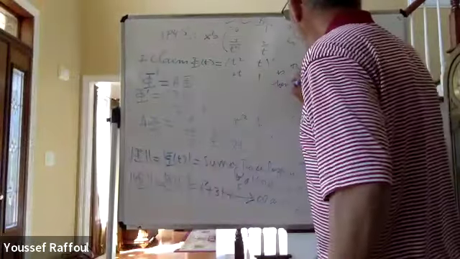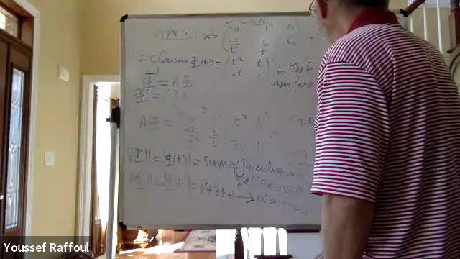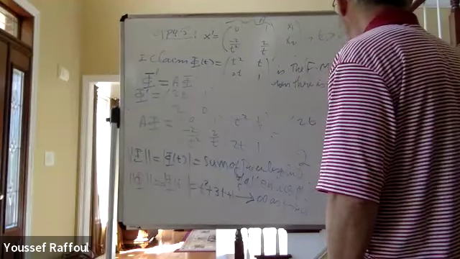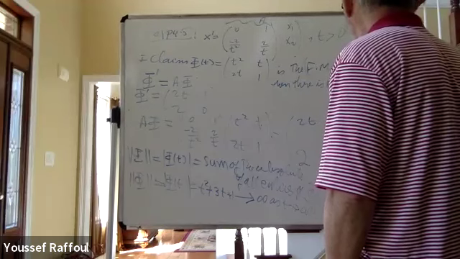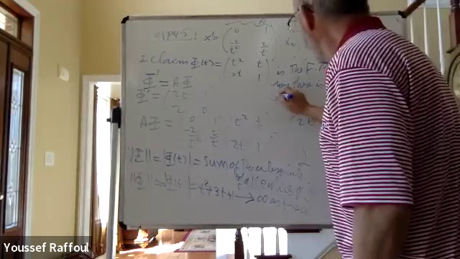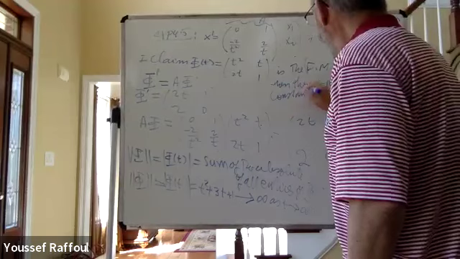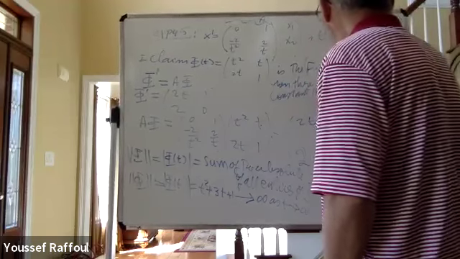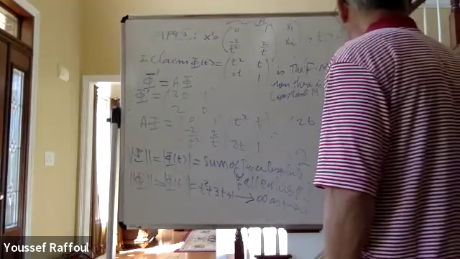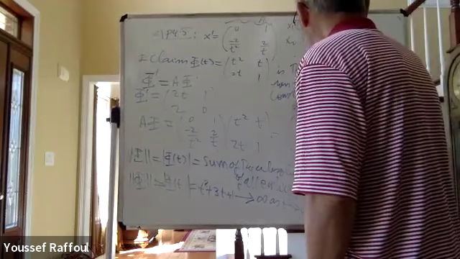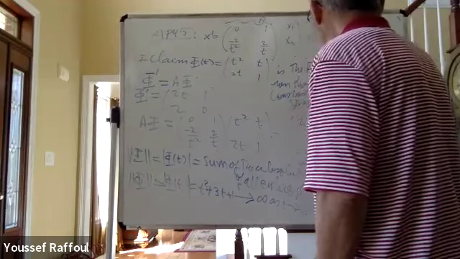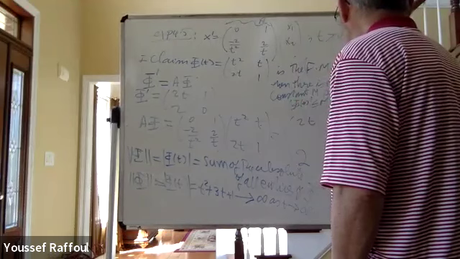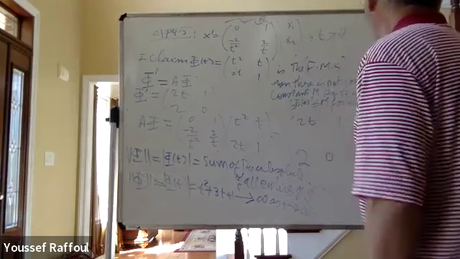Then there is no positive constant m so that the norm of phi of t is less than or equal to m for all t.